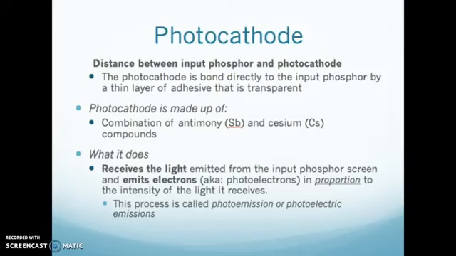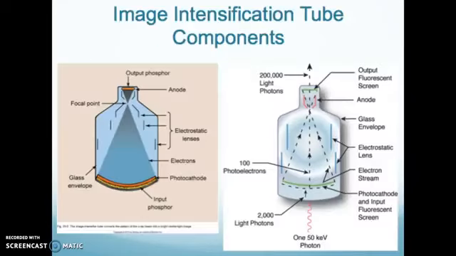What it does is it receives the light from the input phosphor and it emits electrons out. Photoelectrons is another name that we may use. It emits the electrons in proportion to the intensity of the light that it receives. This process is called photoemission or photoelectric emission.